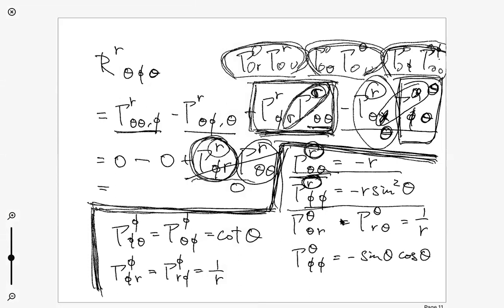Okay, Winky said no. So happily, the last thing here is also 0. Happy ending. The Christoffel symbol, if we just calculate this component, is 0.